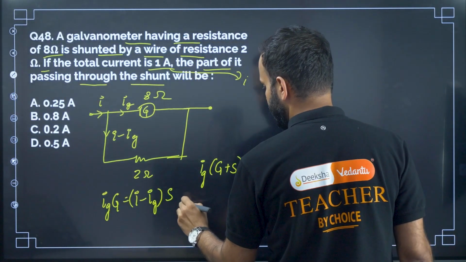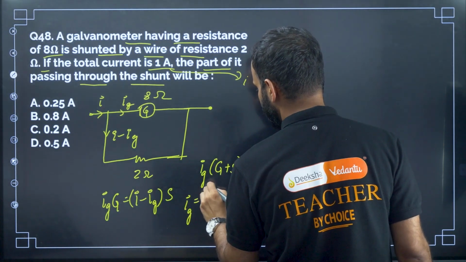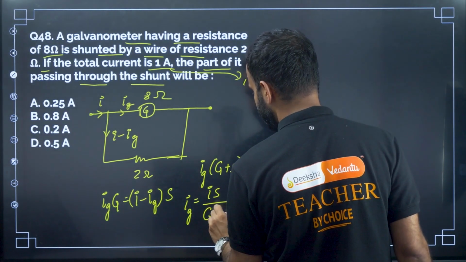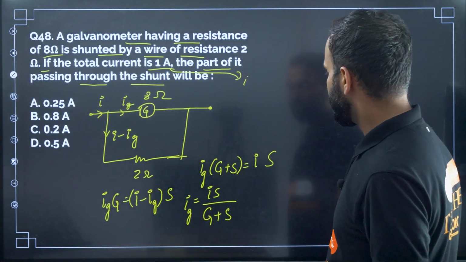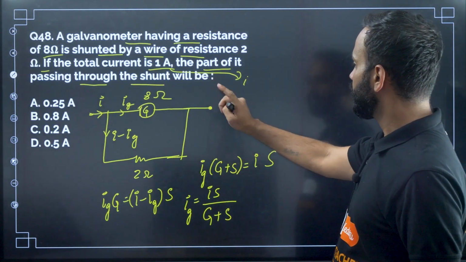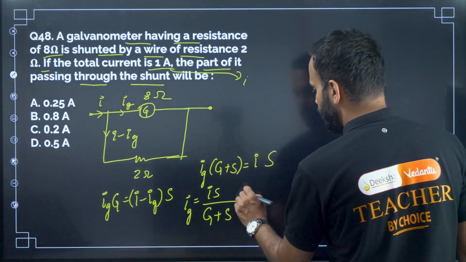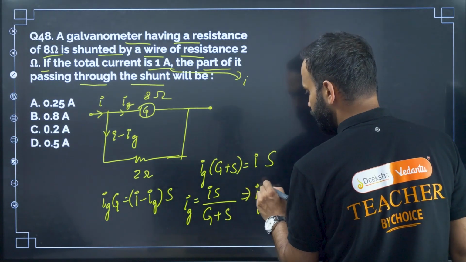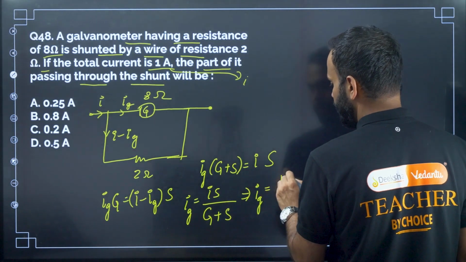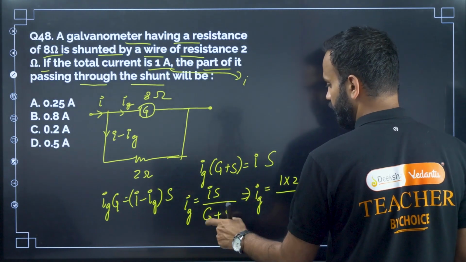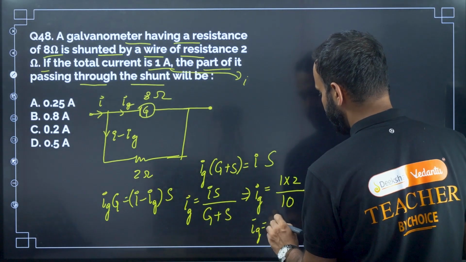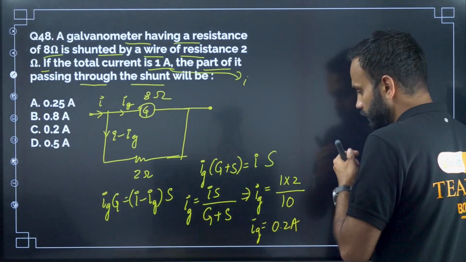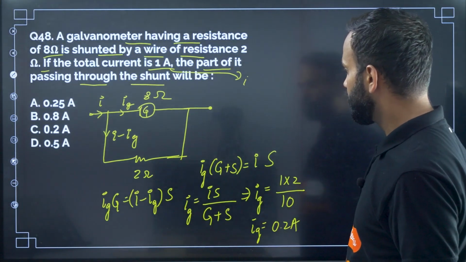So now here Ig is equal to I into S divided by G plus S. I is here 1 ampere, right? S is 2 ohm. G is 8 ohm. So now Ig is equal to 1 into 2 divided by 8 plus 2, that is 10. So now Ig is equal to 0.2 ampere, right? Ig is 0.2 ampere.